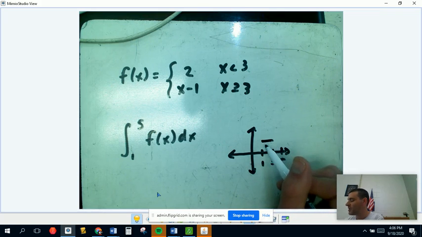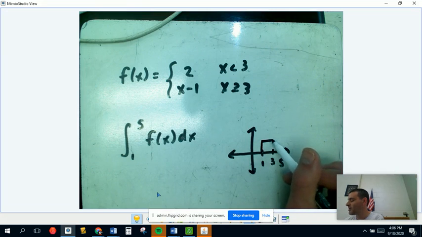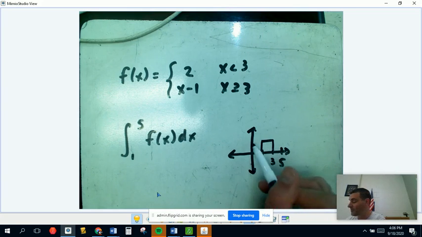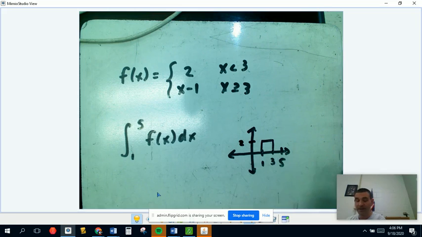Really this won't matter what's to the left of 1, but this little rectangle is the first part of it, and that's just a geometry problem to find the area of that. And then we have x minus 1 on the back side of 3.